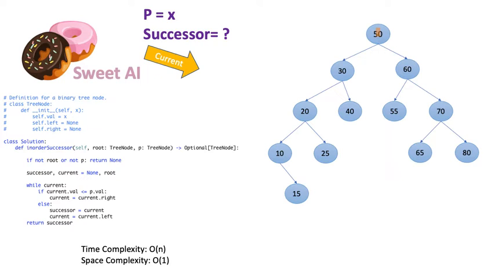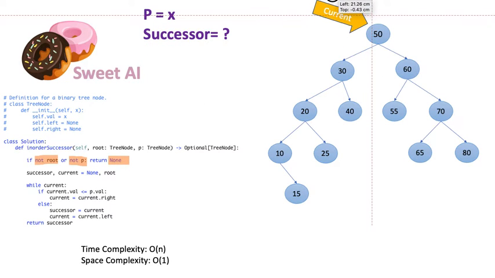If we go through an example, you can better understand the case. First, we need to deal with special cases, like when we don't have a root or there is no p's value, in which case we are going to return none. We are going to have a current pointer, which starts by pointing at the root. For example, let's say p's value is node 25, and we are going to find the successor of node 25.